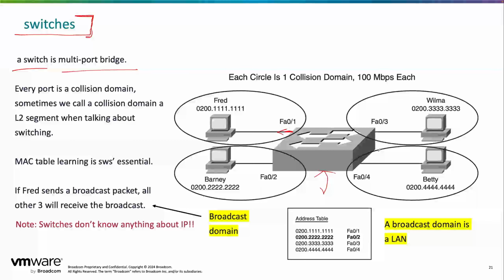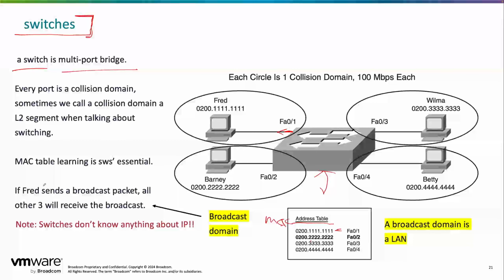For this communication, a switch has to have an address table. We call it the MAC address table. Learning MAC addresses is a switch's essential task. For example, here they just learned all four MAC addresses and this interface mapping. This MAC address table is an essential component for every switch.